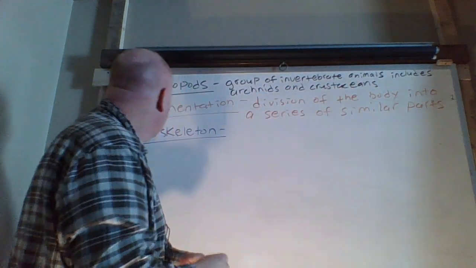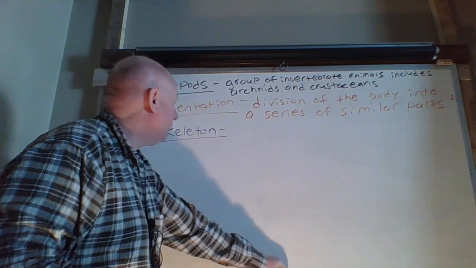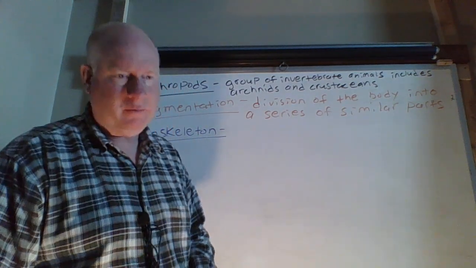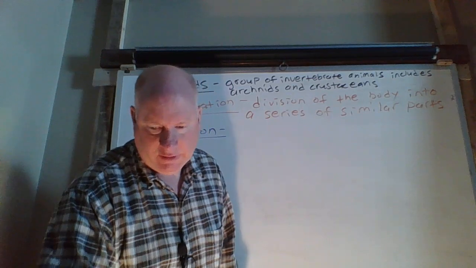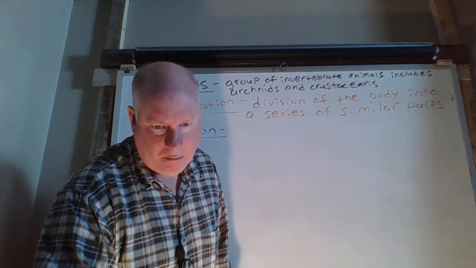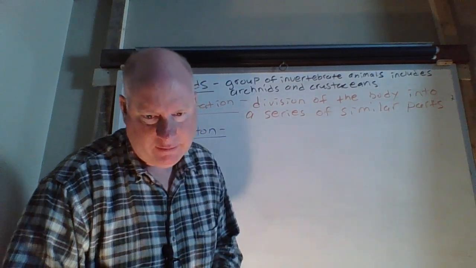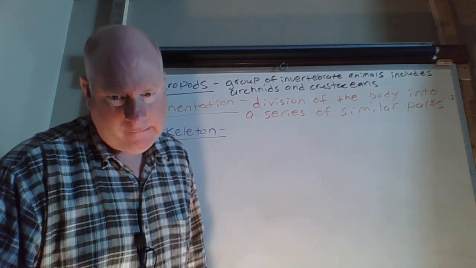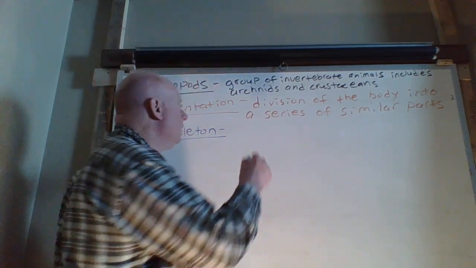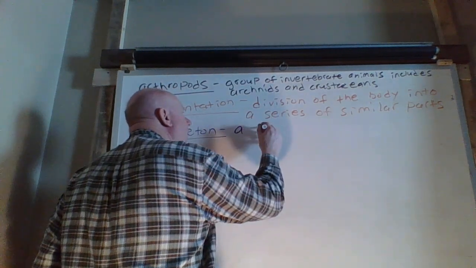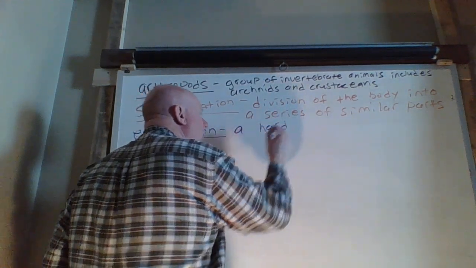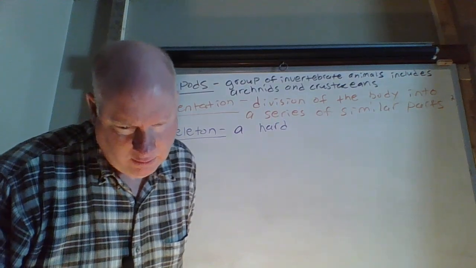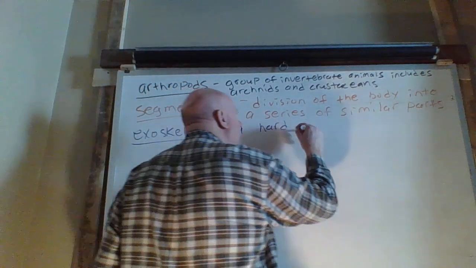Then exoskeleton, of course, different from that of an endoskeleton, which would develop on the inside like it does for mammals, birds, reptiles, and fish, for instance. So a hard exoskeleton, or hard skeleton, is that what we want? External structure.